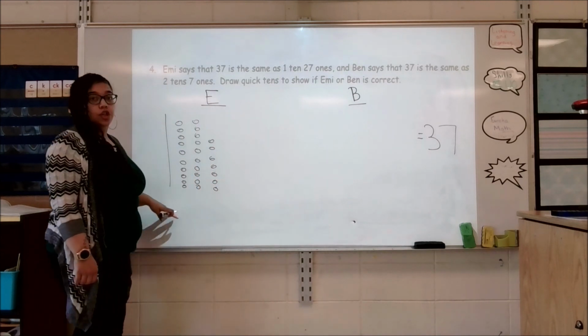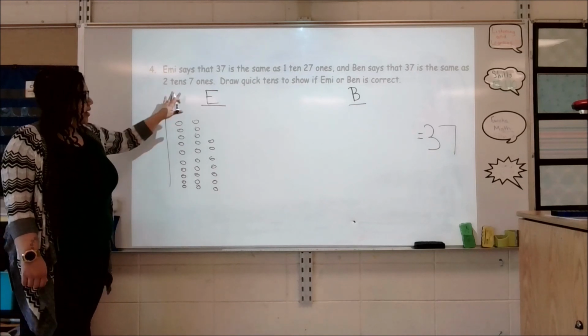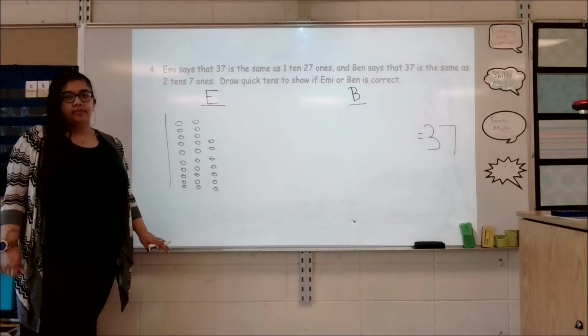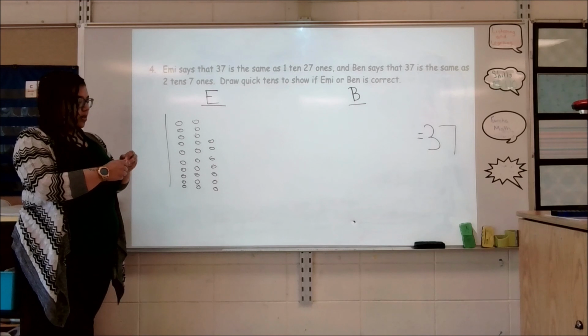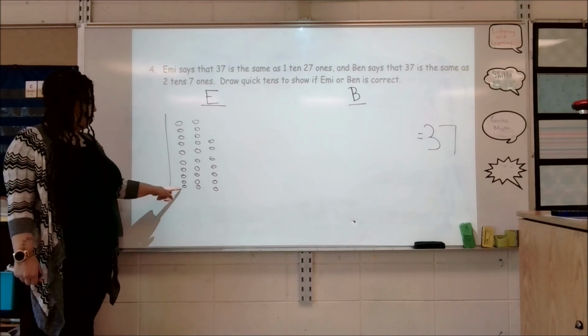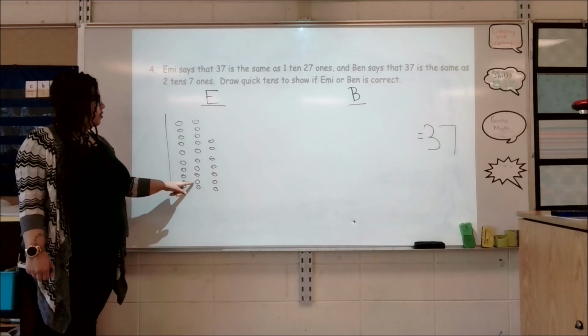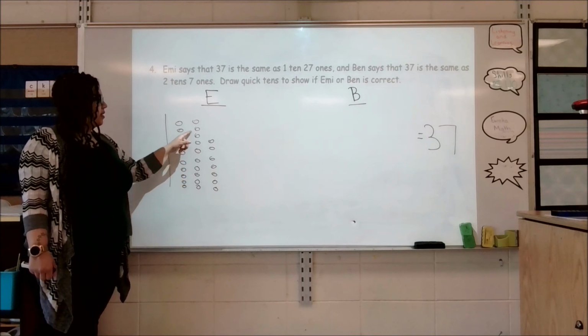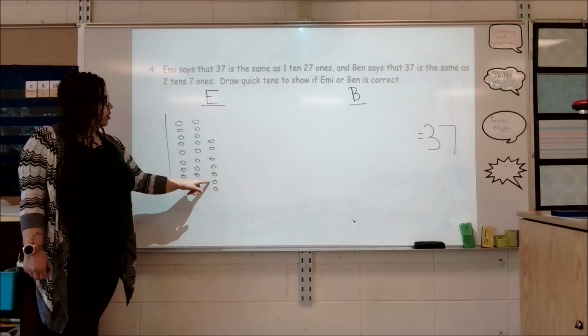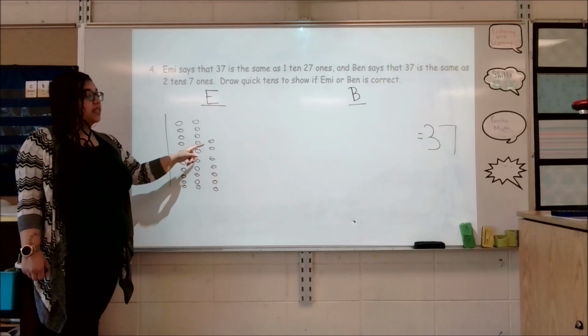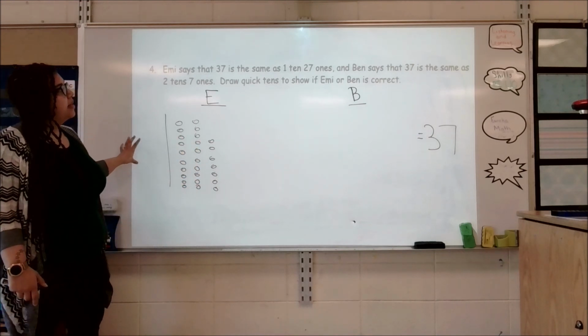All right, so does my picture currently show 1 10 and 27 ones? Well, let's count. Let's double check. 1 10 and 1, 2, 3, 4, 5, 6, 7, 8, 9, 10, 11, 12, 13, 14, 15, 16, 17, 18, 19, 20, 21, 22, 23, 24, 25, 26, 27. Okay, cool. I drew what Emmy thinks.